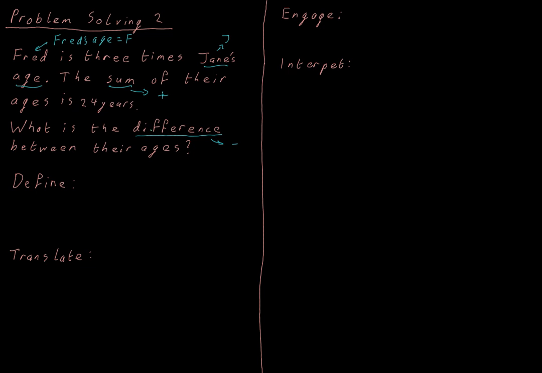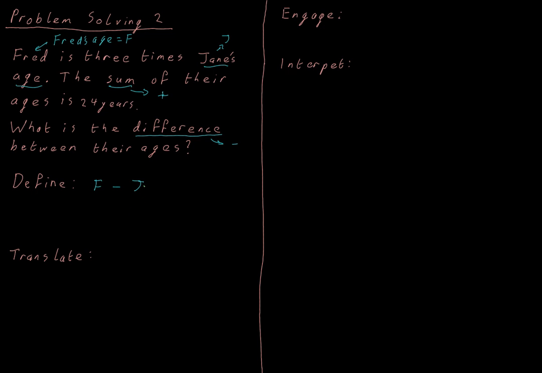So now we've gotten lots of our translation work done. Can we define our problem? What's the difference between their ages? Well, F is Fred's age, and we know he's older than Jane. So the difference between Fred's age and Jane's age would be Fred's age minus Jane's age.